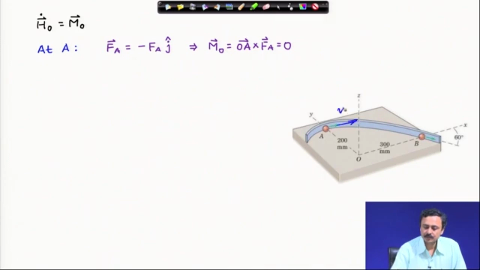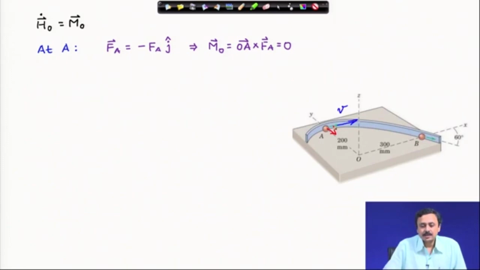This is the velocity and the force that acts from the wall, from the rail, is in the negative y direction. That is why we write F A is equal to minus F A, where F A is the magnitude and minus j is the direction.